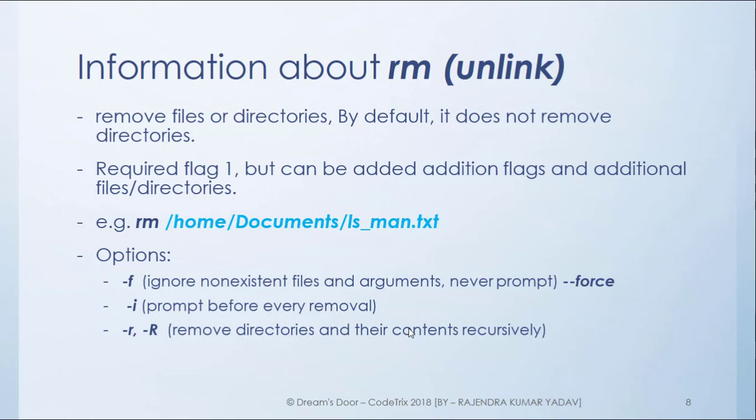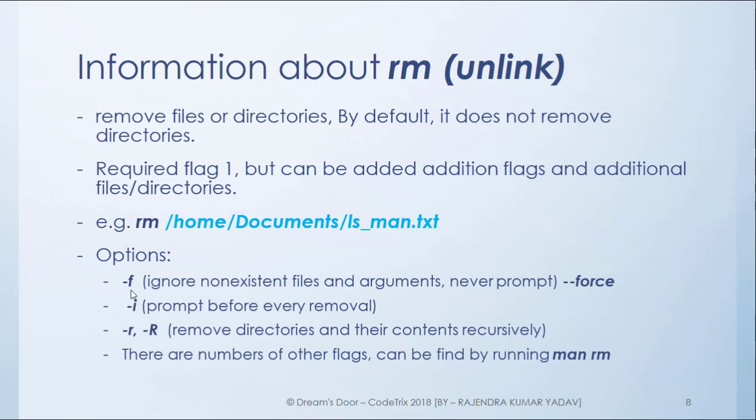And dash r is used to remove things in a recursive way. As with cp, rm also requires dash r for recursive, and probably you can use dash f to force and delete the file. For more, you can type man rm.